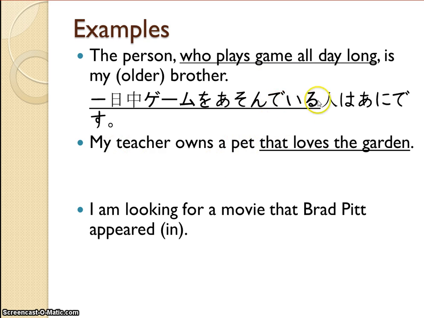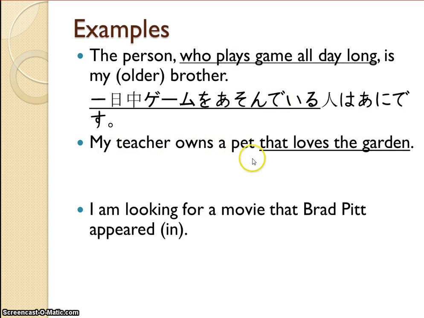Yes, I know some of you might say, well, it says teiru, but you have plays. Since this is kind of a state, but grammatically, 一日中ゲームを遊ぶ人は兄です would be more correct. I just used ing because I was thinking it would be a state, but that's fine. That is technically a grammatical error.